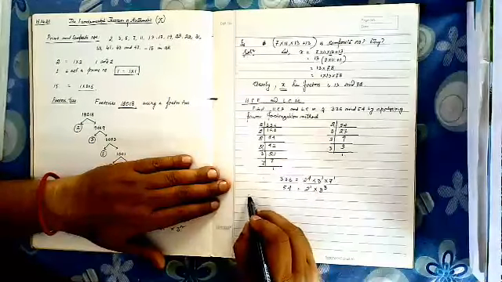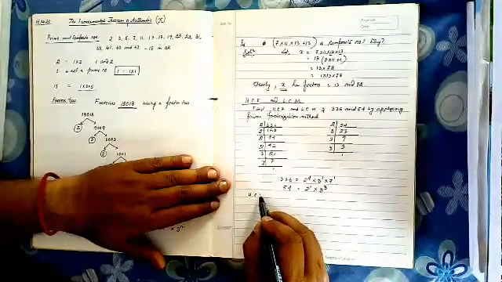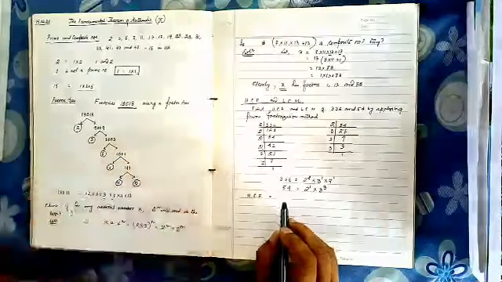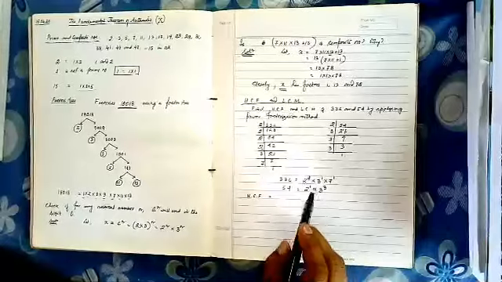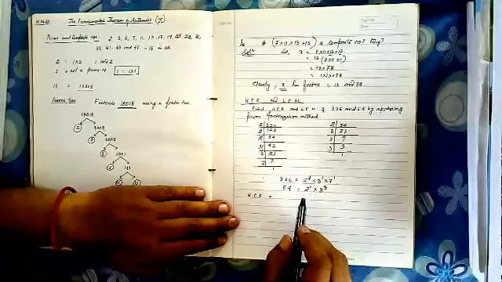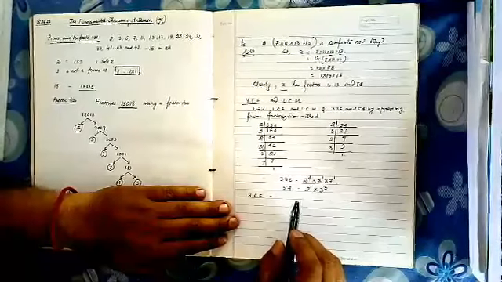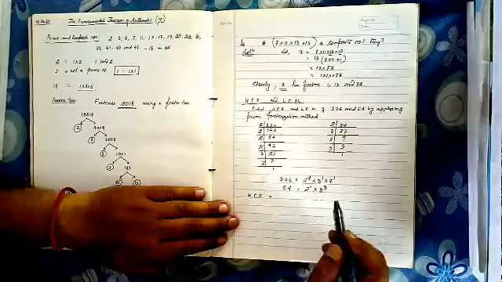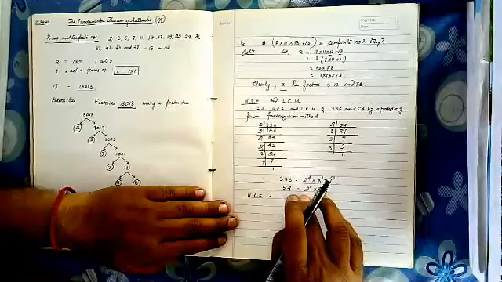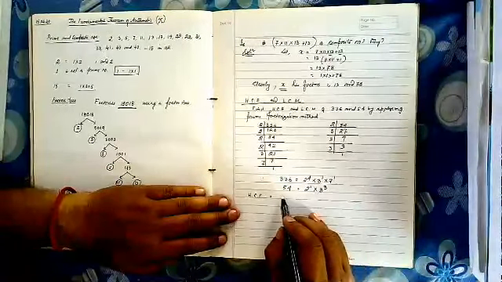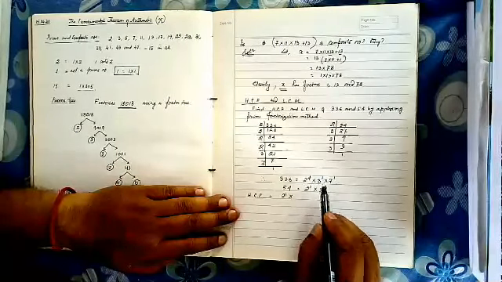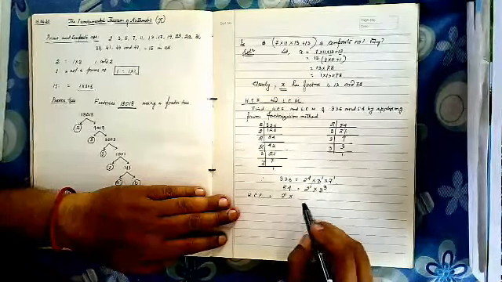Okay, now HCF. When we are finding the HCF, we will take the numbers having the least power. Here the factor 2 has power 4, here 2 has power 1, so least power 2 to the power 1. 3 to the power 1, 3 to the power 3.